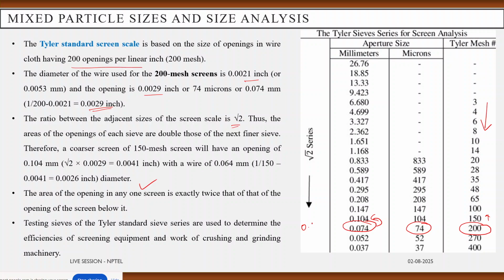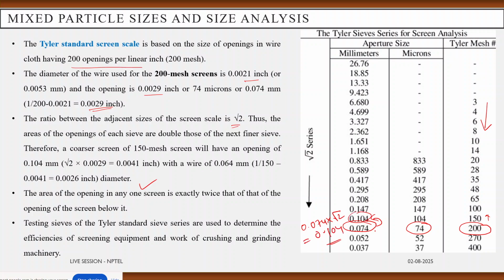So what will be the value for that? Can you please calculate? 0.074 into root 2, that is 0.104, that is this one.